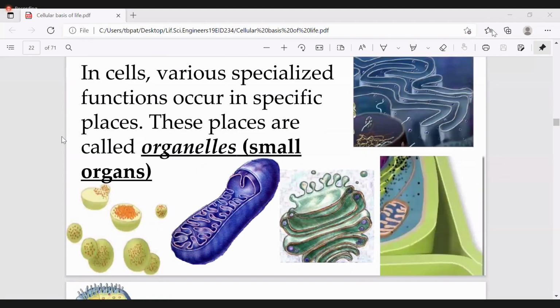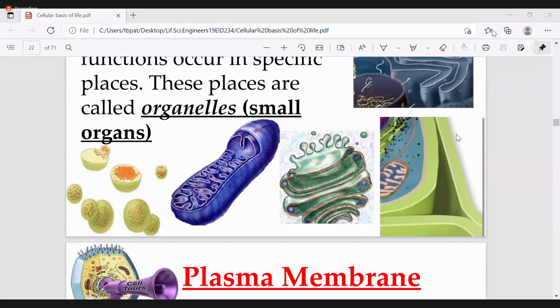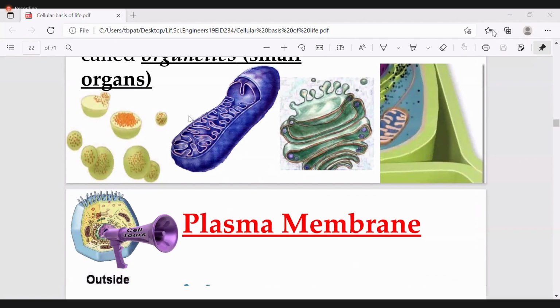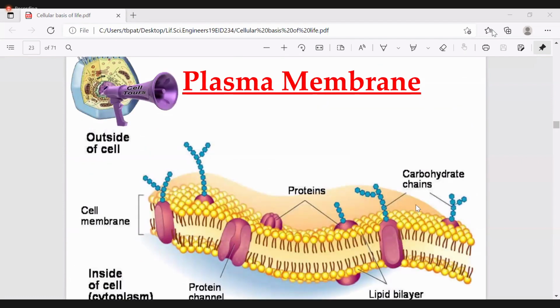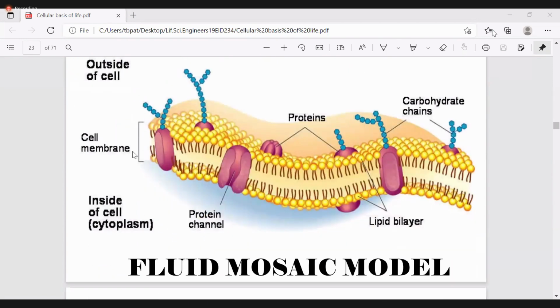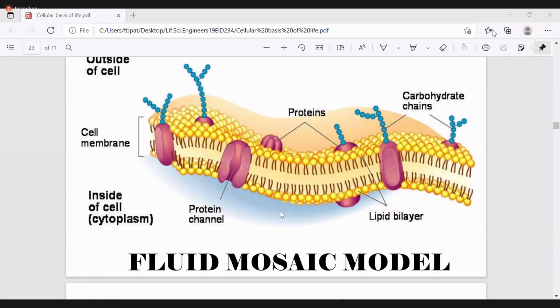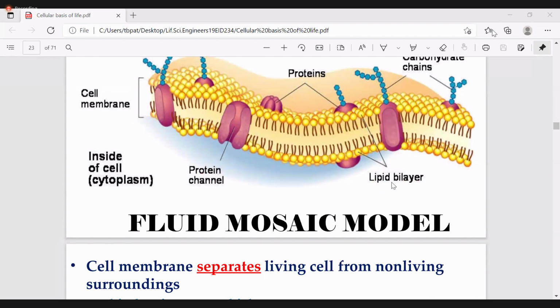The first and foremost one is the chloroplast. Next is the plasma membrane. The structure of the plasma membrane includes proteins and carbohydrates, all attached to one another on the outside. This is the total cell membrane, the lipid bilayer, two layers.